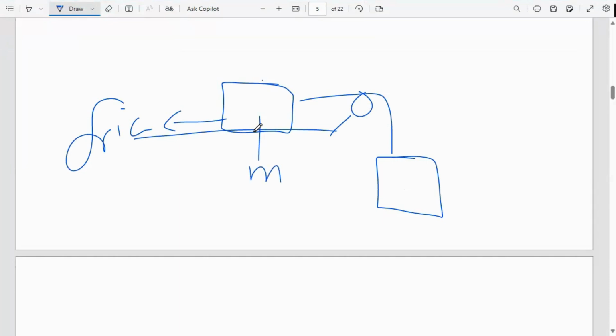Then there's mg, which is the weight of the object there, and there's a normal force there, Fn. And there's tension in this rope. Similarly, on this second diagram, there's tension, and there's weight also, mg, like that.